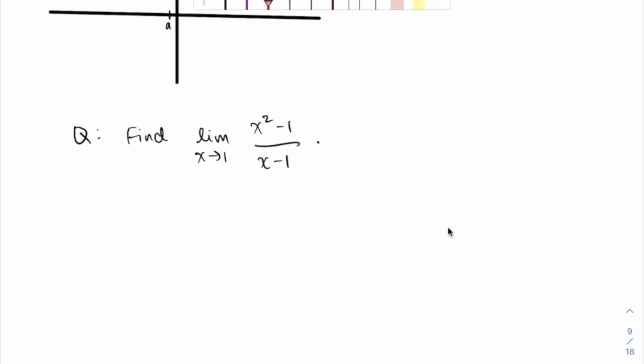So let's write this down. When x is not 1, because when x is 1, it's not defined, then we can factor this. So x squared minus 1 is x plus 1 times x minus 1.